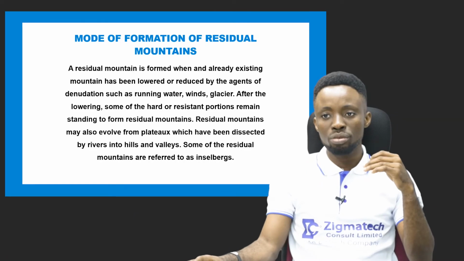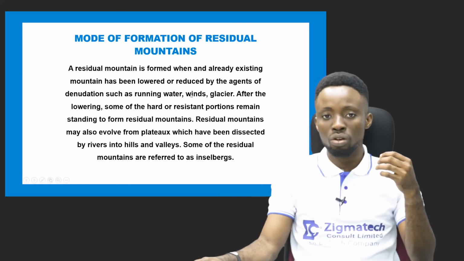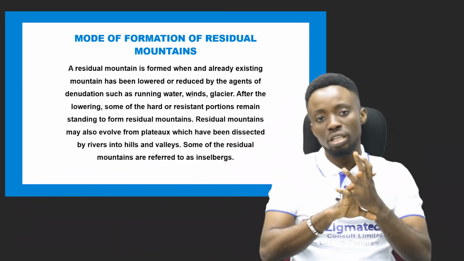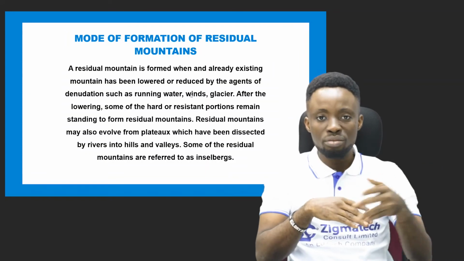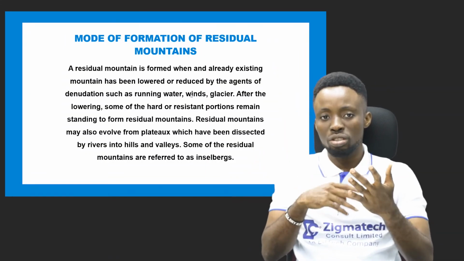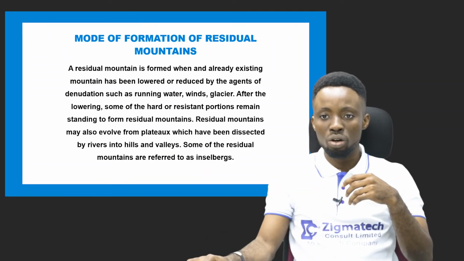They are actually formed when running water, wind or ice acts on the already existing mountain or the ancient mountain. So what is left is seen as a residual mountain.